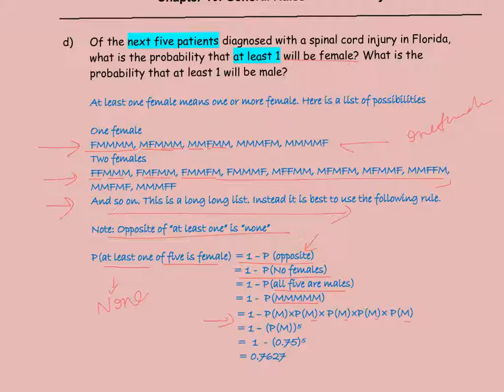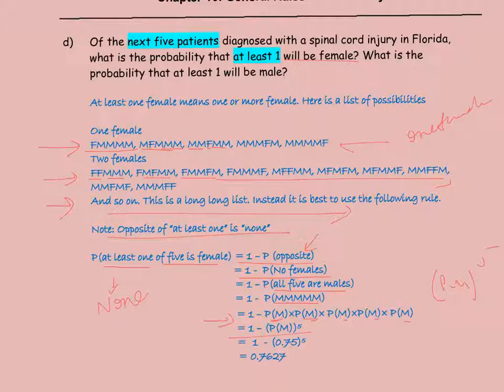So we are multiplying the probability of male repeatedly 5 times. So that would be probability of male times the probability of male times the probability of male, and so on. So it's probability of male to the 5th power.